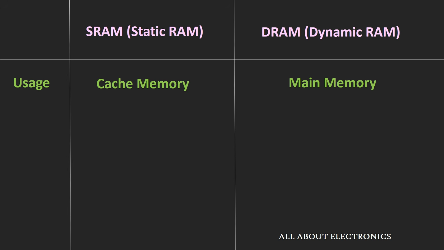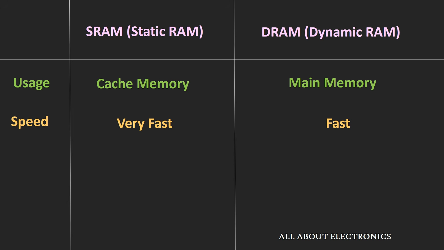The reason SRAM is used as cache memory is its speed, because SRAM is the fastest among all the memories. The speed of DRAM is faster compared to the primary storage element like a hard disk drive, but it is slower compared to SRAM.